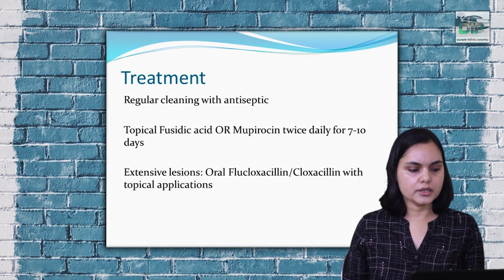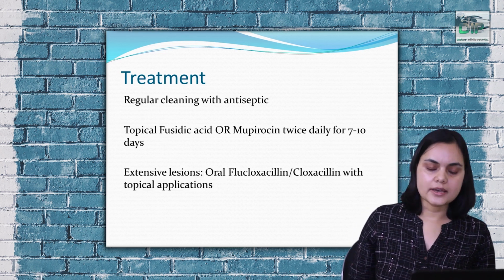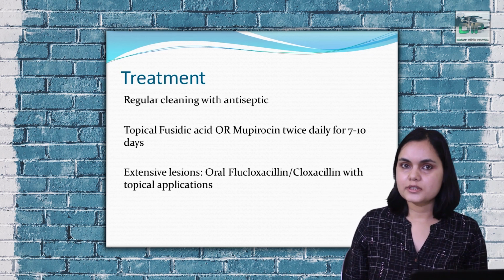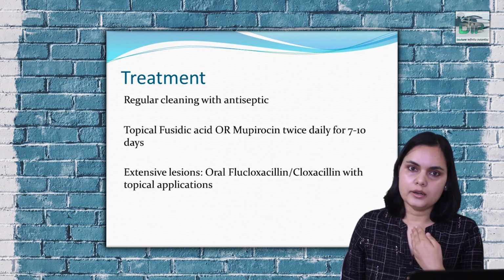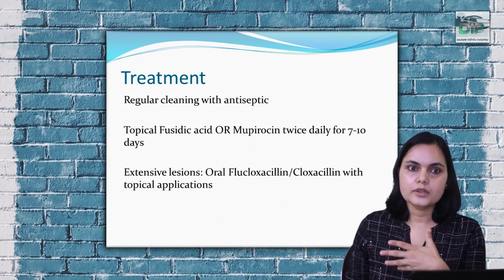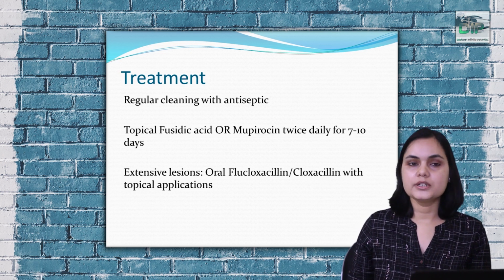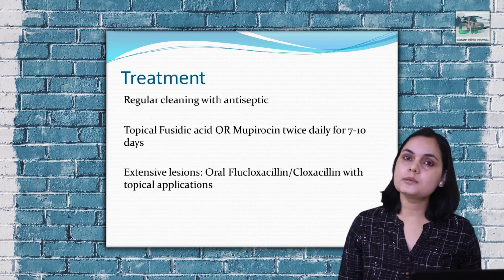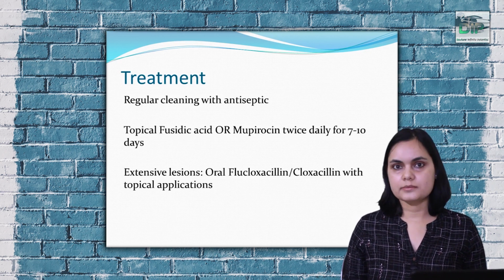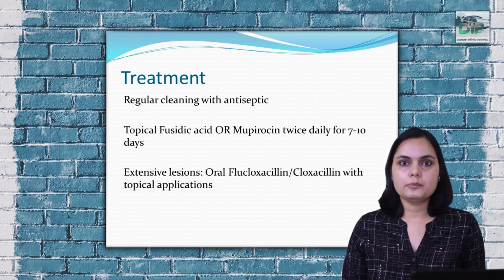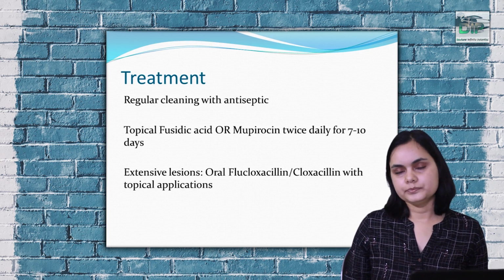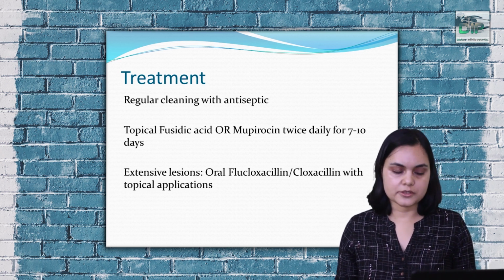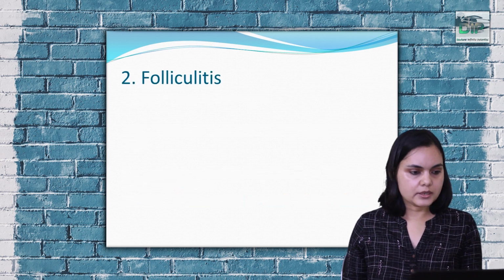But if extensive lesion is there, we need even systemic treatment like flucloxacillin, cloxacillin, etc. But we have to take care of the local resistance pattern, because in different setups, the sensitivity pattern may be different for the same organism. That should be kept in mind. Here in BPKIHS, we commonly prescribe cefodoxil for this condition depending on the sensitivity pattern of the hospital.